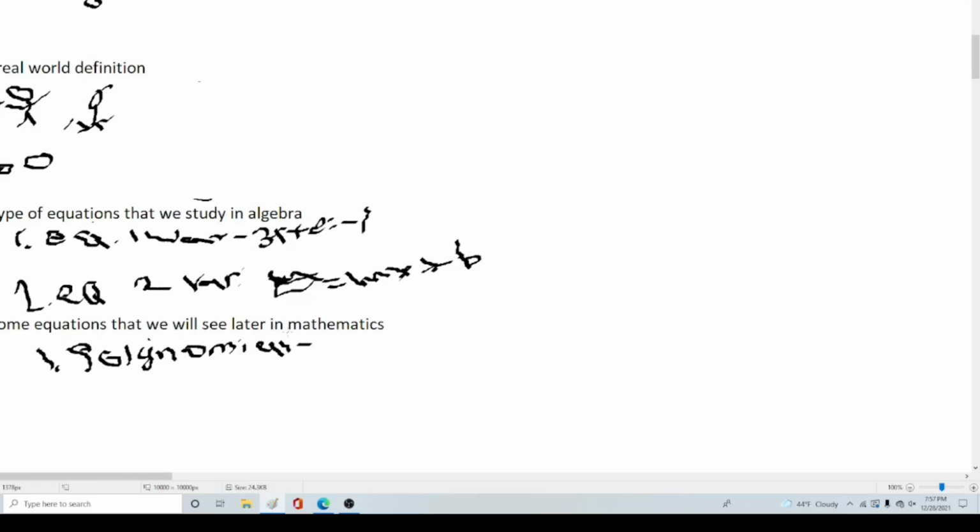This is a really simple equation that we deal with. It's the easiest one. In Algebra 1, our playlist here, we just talk about linear equations, and at the end, we talk about quadratics. Second, we have rational equations. These are a little bit harder, and these are polynomials, but with division.